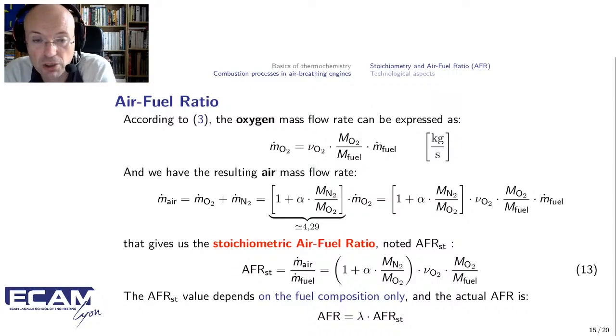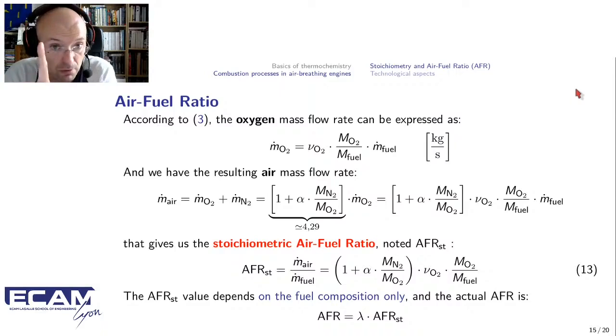Okay, air-fuel ratio, AFR, is by definition the ratio of the mass of air, not of oxygen, but the mass of air, which is consumed by the combustion over the mass of fuel. So it can be a mass, it can be a mass flow rate. It's exactly the same. Here I explain this as a mass flow rate, but you can explain this as mass. It doesn't really matter. It's just the ratio of the mass flow rate of air over the one of fuel.